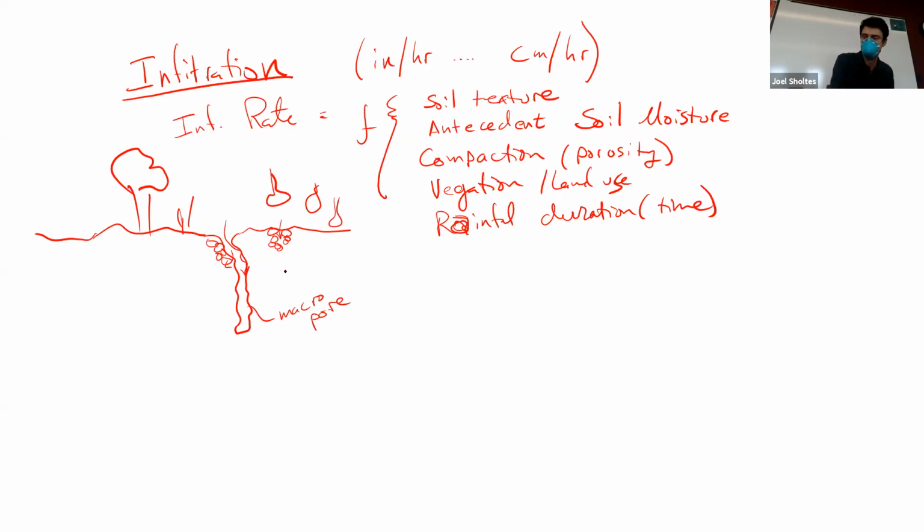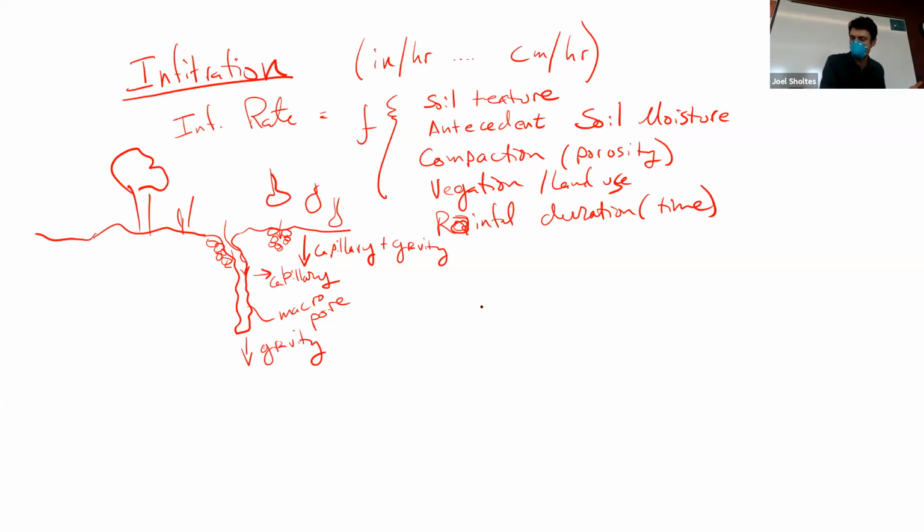They're going to go laterally by capillary action, and then down by gravity as well. So we've got these different forces mediating and enhancing infiltration.